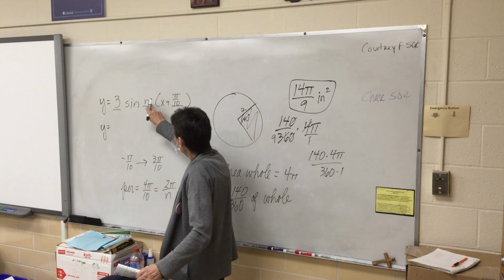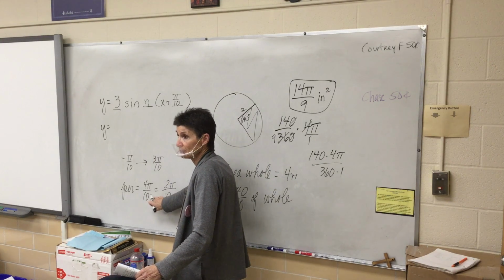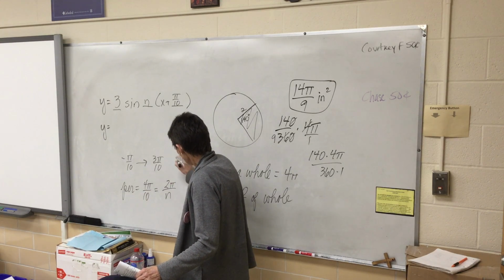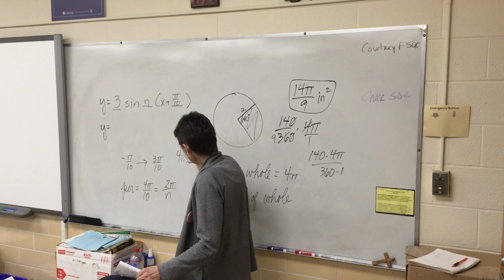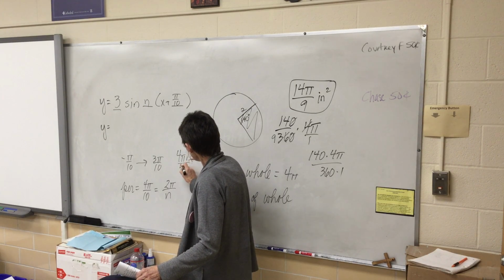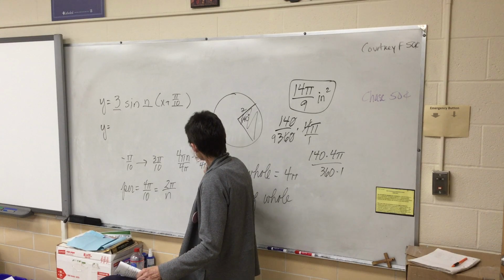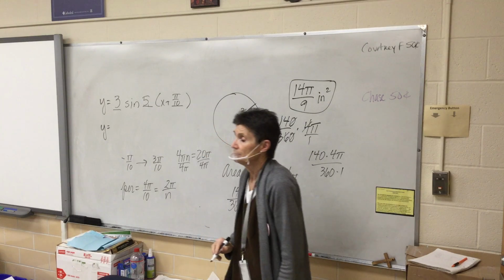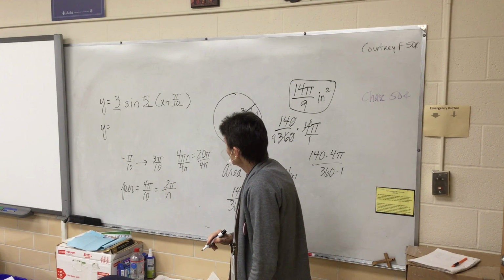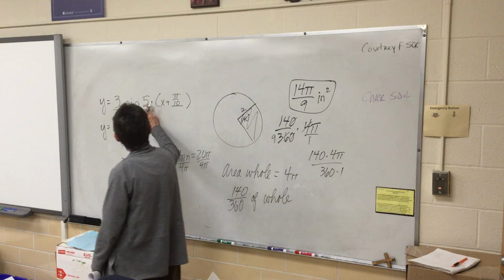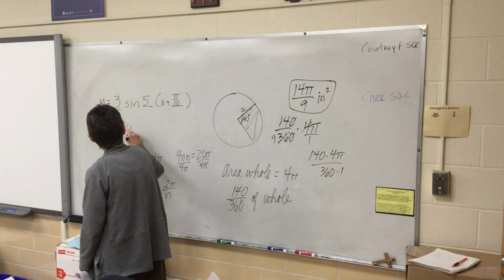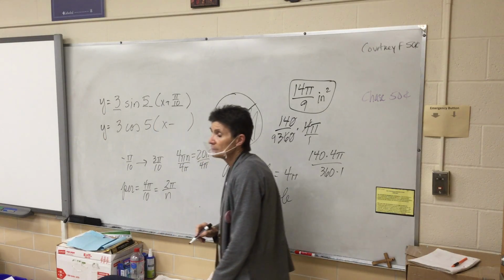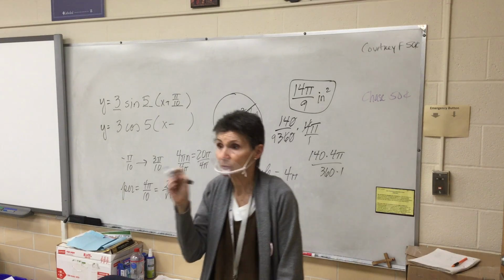So if we take 2 pi and divide it by that number, we should get 4 pi over 10, because that's the period of our picture. So 4 pi n equals 20 pi. It looks like that number is a 5. So if we write a cosine equation, it's going to be exactly the same amplitude and period number.